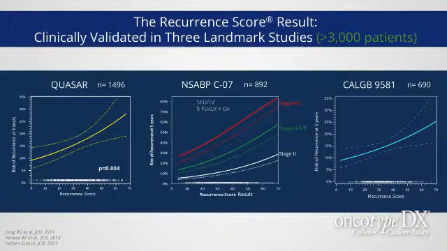And you go through the initial development phase, and then we had the validation, and now we have three different trials: the Quasar, CALGB 9581, and then more recently an NSABP C07 trial that have all further validated the power of the test. Right. Well, the Quasar trial was really the largest stage 2 colon cancer experience that was done in the 80s in England, but it still has the most stage 2 patients in it and the best outcome data.